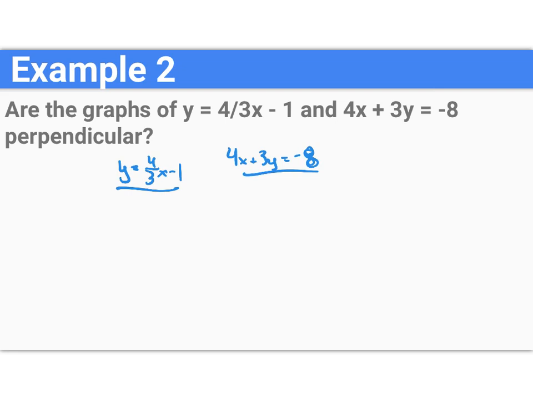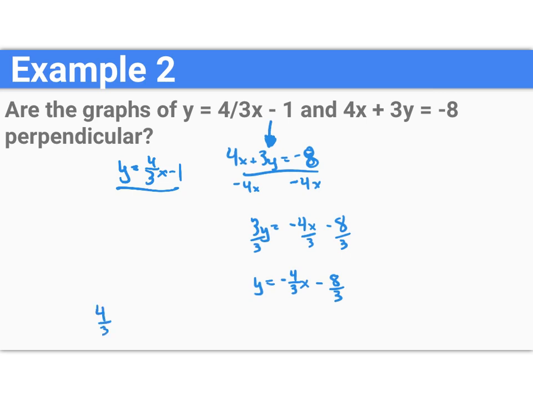So now this has to be converted into slope-intercept form. How do we do that? Subtract 4x from both sides: 3y equals -4x minus 8. Divide everything by 3. y equals -4/3 x minus 8 over 3.